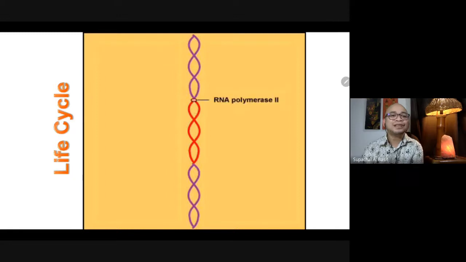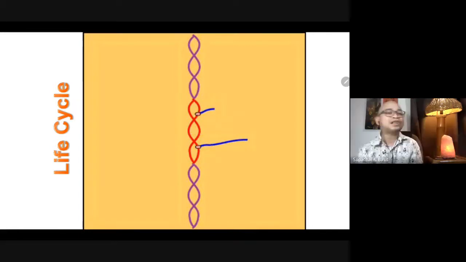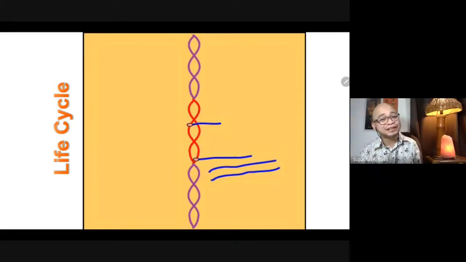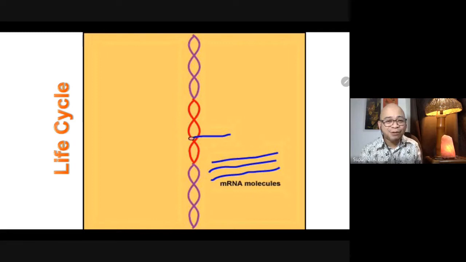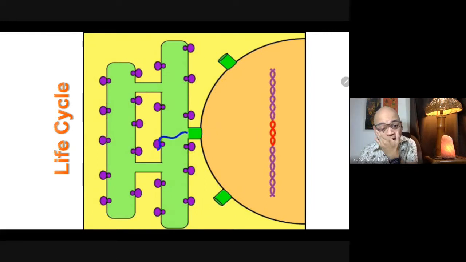So the provirus will now control the genetic machinery of our T helper cell. They will now start to produce proteins that we don't need, but these proteins are needed to form new viruses. In other words, they have become our parasites and would utilize our genetic machinery so that they would be able to produce proteins. Now, these proteins will eventually be assembled.